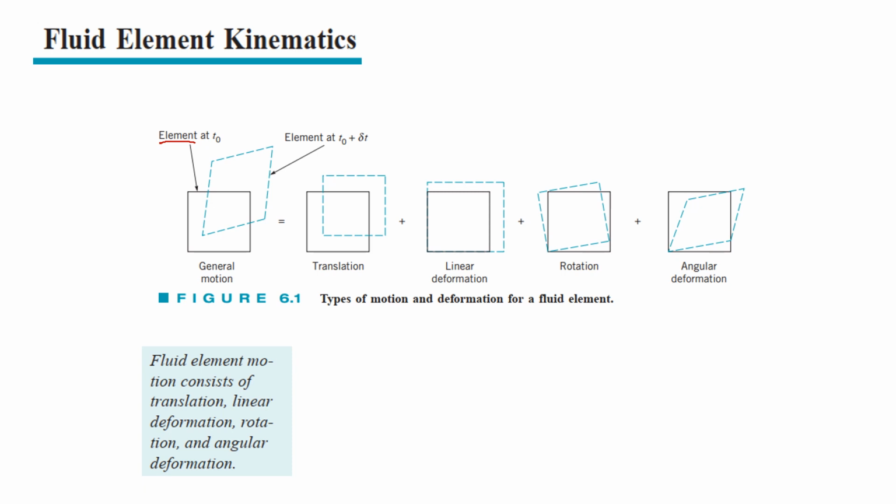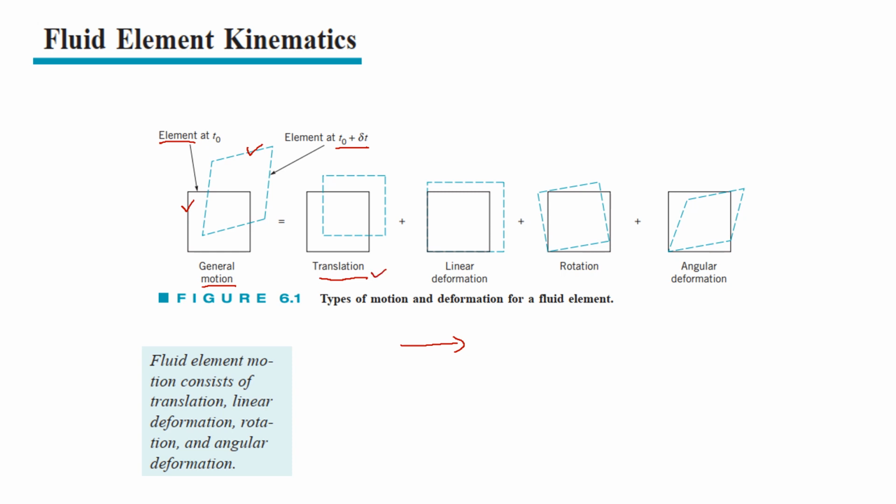So this is the fluid at time t, and it can move and deform simultaneously at time t plus delta t. So that is a general motion. That general motion can be a translation, meaning the fluid is moving in a straight line, or due to that translation it is causing linear deformation, meaning this fluid is also deforming linearly.